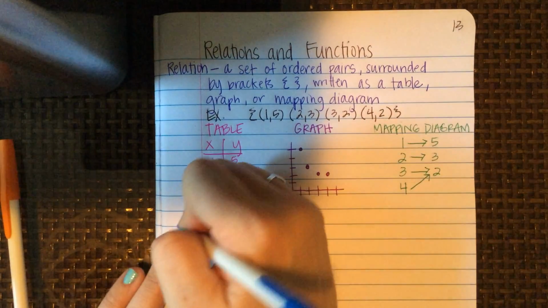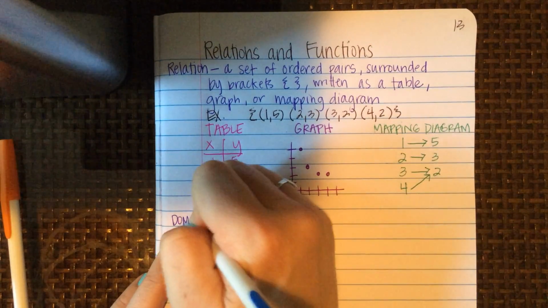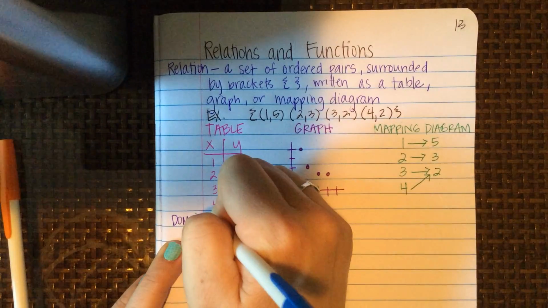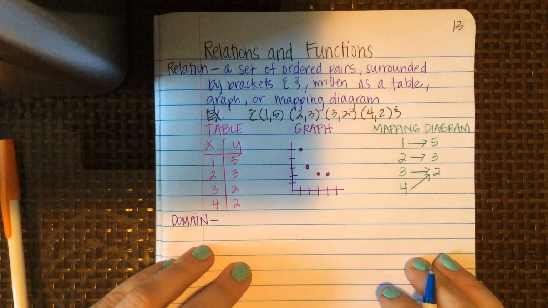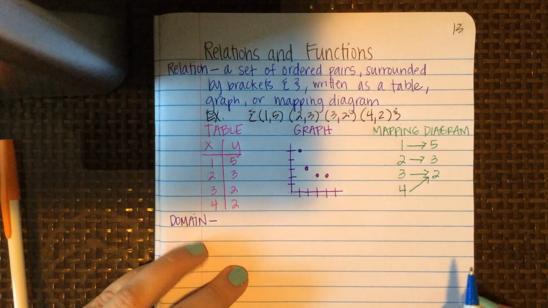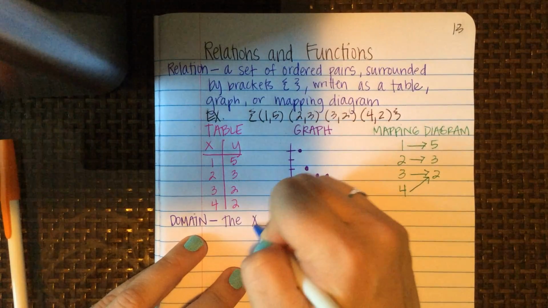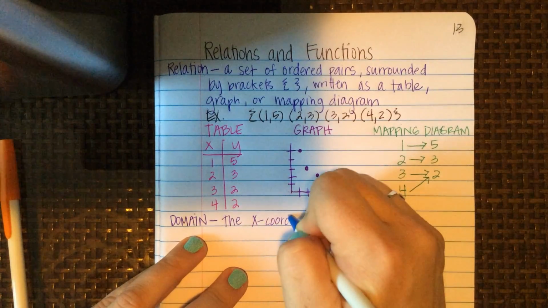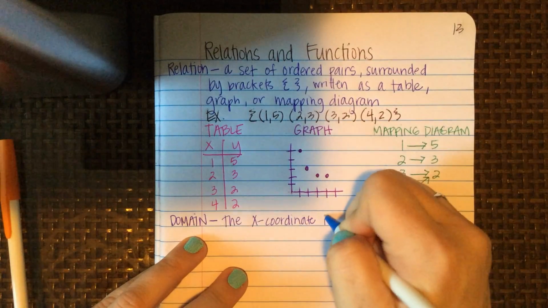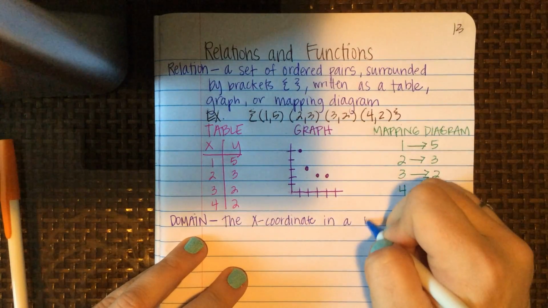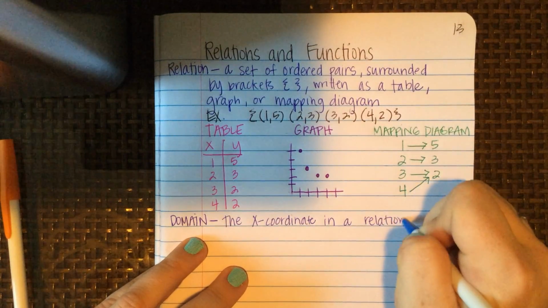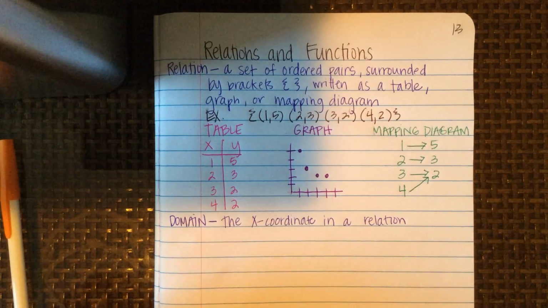Continuing on with our vocabulary, we need to talk about domains. In a relation, there is a domain, and the domain is the x-coordinate. It's just the x-coordinate.